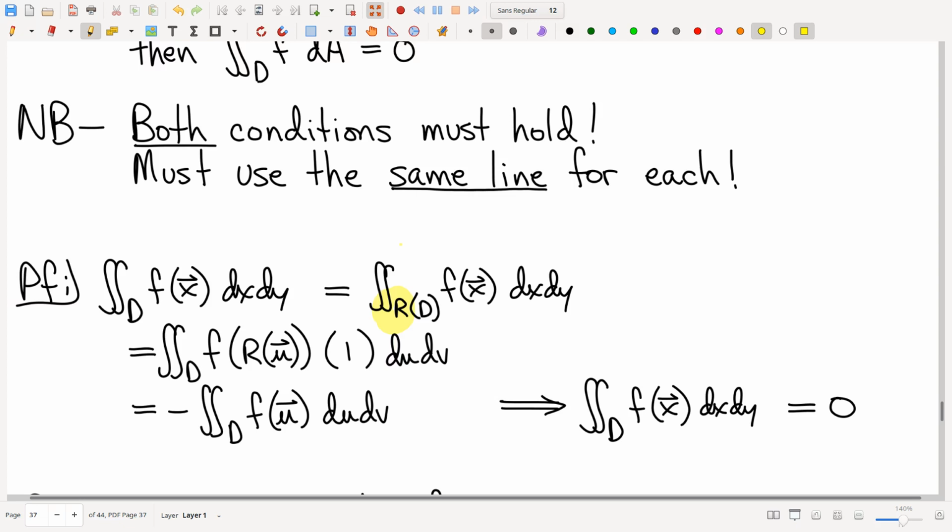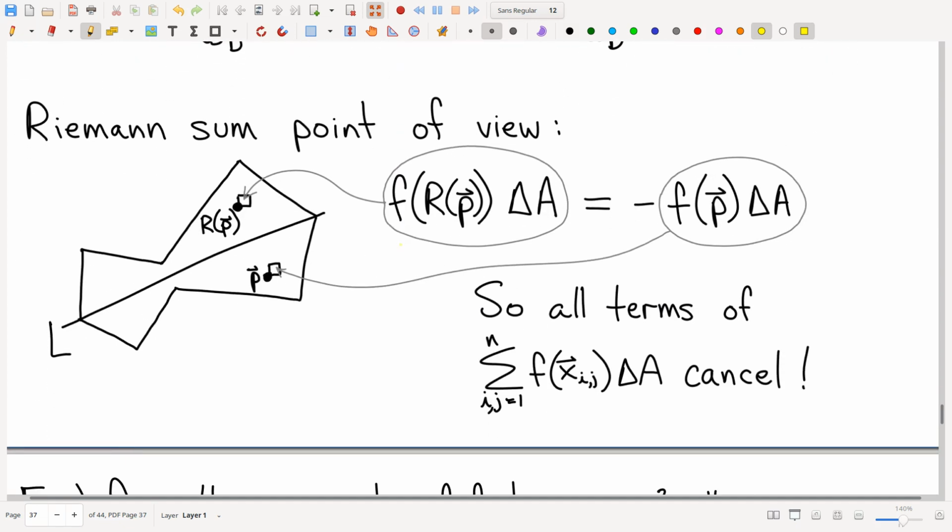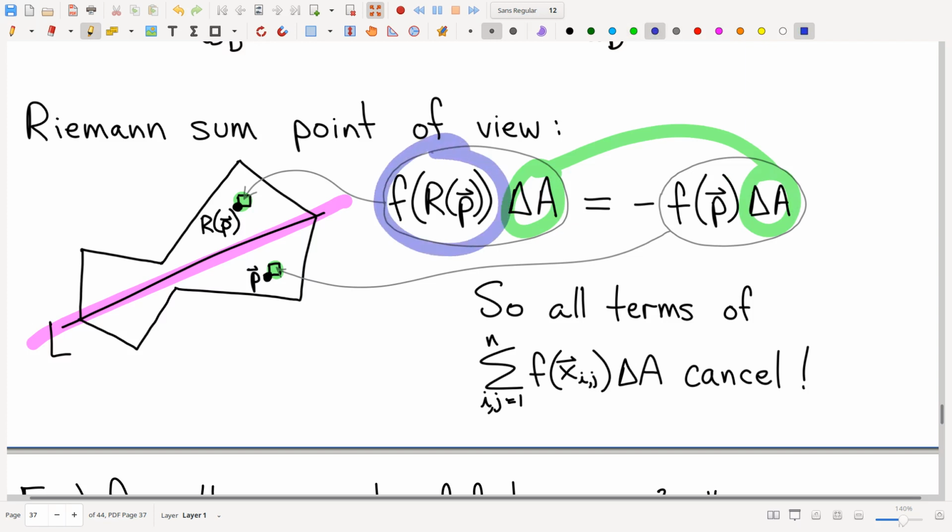I think the better way, the more visually satisfying way to understand our 2D odd symmetry theorem is what I've got here. Again, this term in the Riemann sum and that term in the Riemann sum, pair them up by which is a reflection of what. They have the same area. If I look at the values of the function, because it's odd, we get this minus sign here.